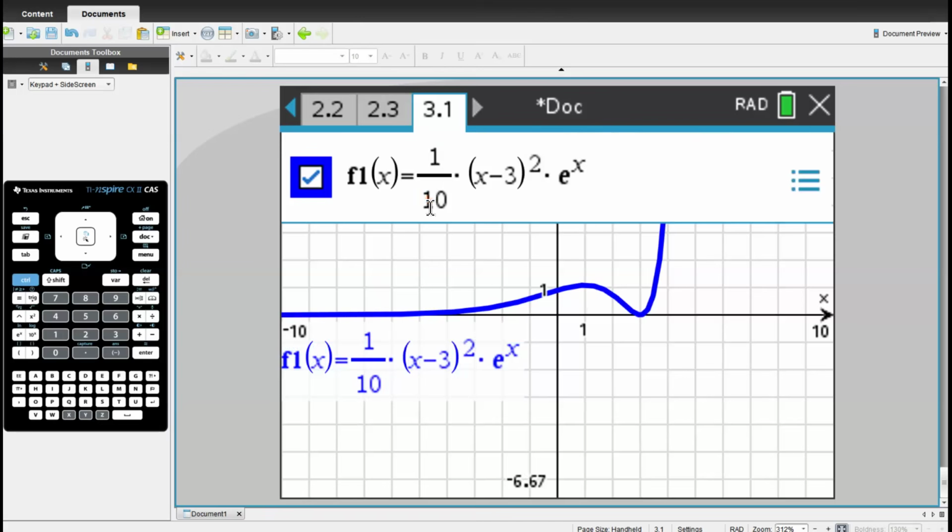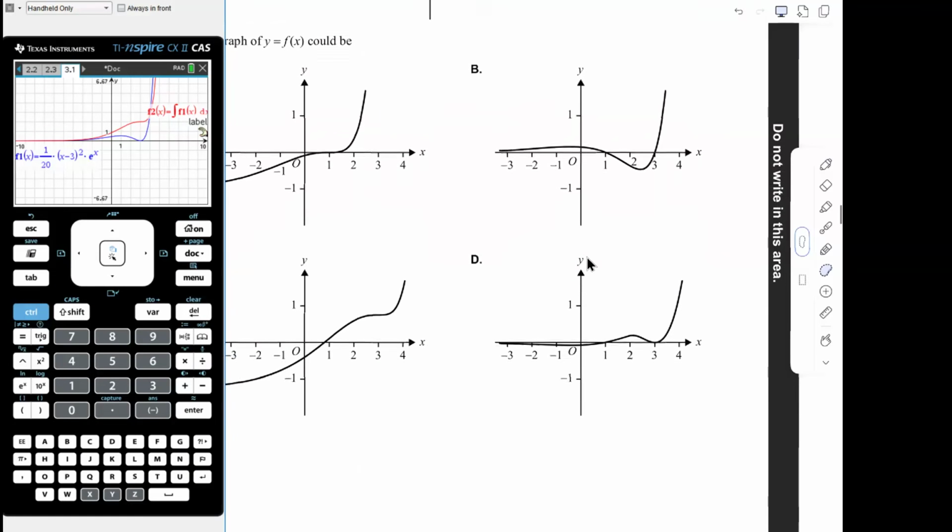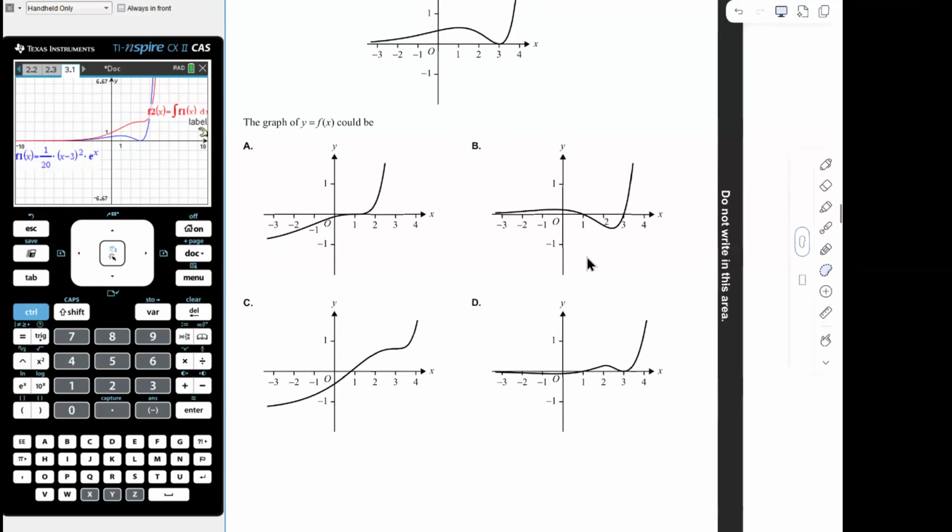The next thing is you sketch an antiderivative. So you can see the graph should have a stationary point of inflection at x equals 3. And comparing the options, notice that after your integration, you add an integration constant c.